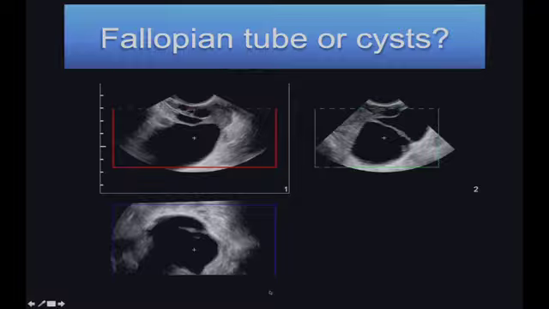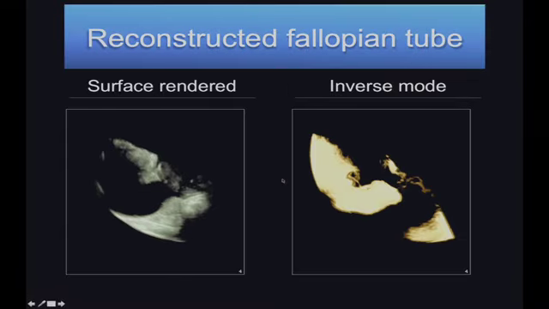However, going back through the volume in other planes, and in this case, actually in the initial sagittal view, we actually can come across a structure that looks like this. Tubular, looks like a fimbriated end, and here we have the inverse mode showing, once again, a tubular configuration.